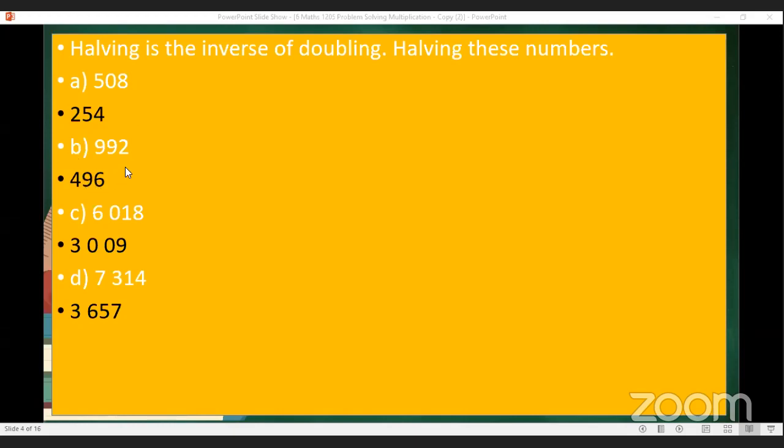992, I said, because we are halving. Remember when we were doubling, we started working from the units going backwards. But now because we are halving, we start working from the front going backwards. So let's halve 992. We start from this 9. We say what is half of 9. Because we are halving, it means we are dividing by 2.